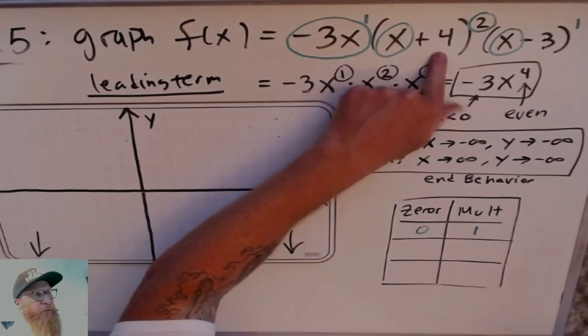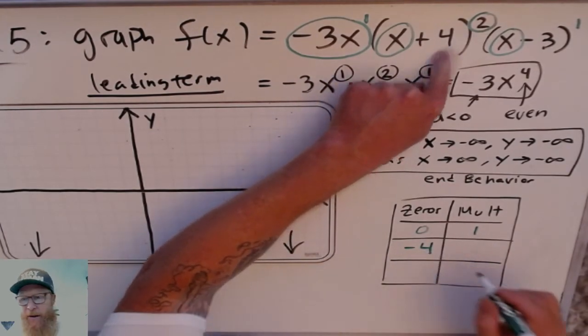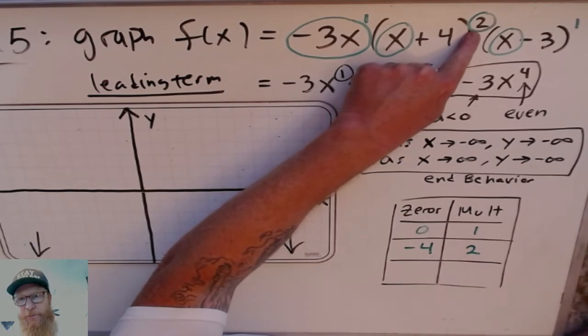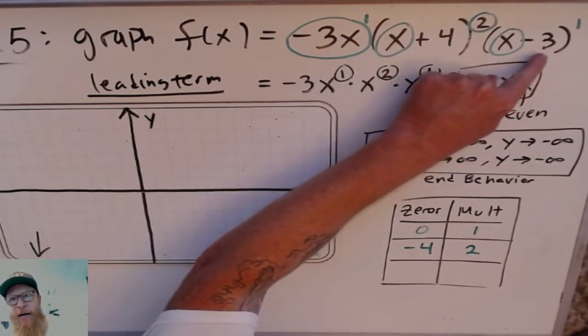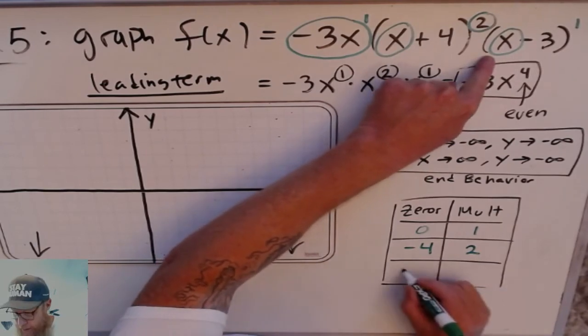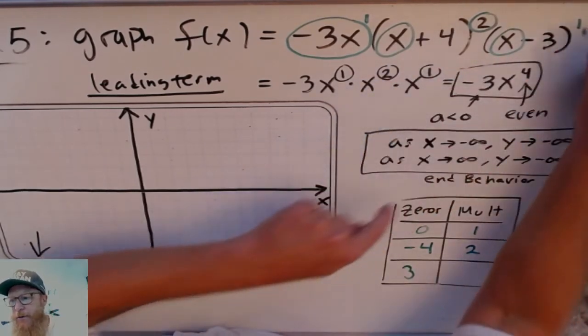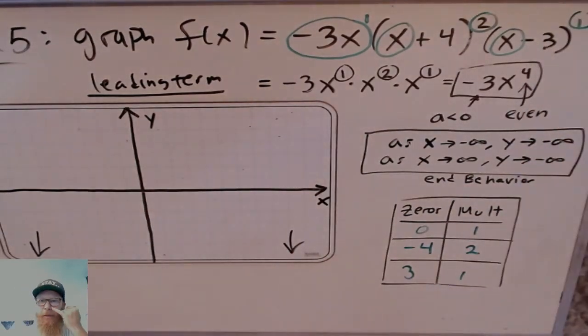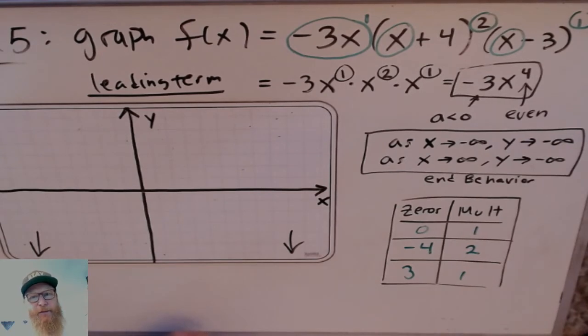All right, x plus 4, what's the 0? What causes that to be 0? -4. What's the multiplicity? 2. And then x minus 3, what causes that to be 0? Well, +3, and the multiplicity is 1. So we don't have any cubics. It's all going to be lines and parabolas.